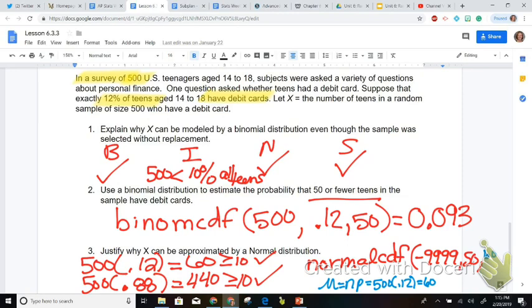And our standard deviation works out to be about 7.27-ish.